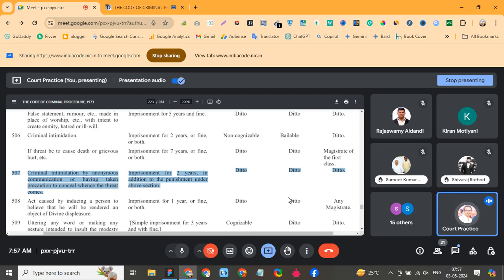And if any particular section is cognizable in nature and the remaining sections are non-cognizable, even then in this scenario, this complaint should be registered via FIR only. But if all the offenses are non-cognizable, that means the complaint is registered on the basis of a non-cognizable report, not an FIR.